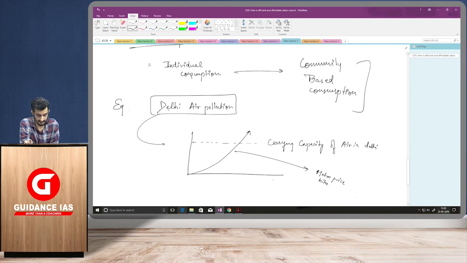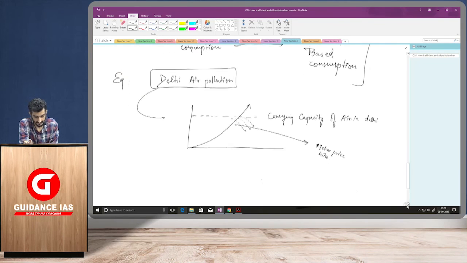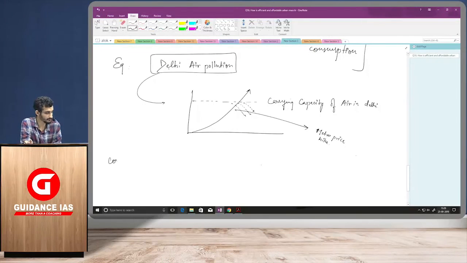So you can show it like this, and this degradation of the carrying capacity of Delhi. So you can write this answer in such a way, and you can conclude properly by writing the challenges in implementation of such efficient and affordable mass transportation, like infrastructural needs, transition to e-vehicles, transitionary losses, and all kinds of stuff you can write. So this is question number 7 in our discussion.